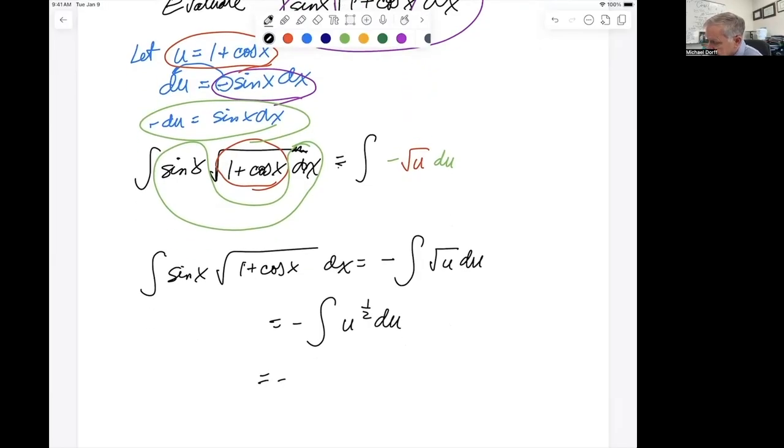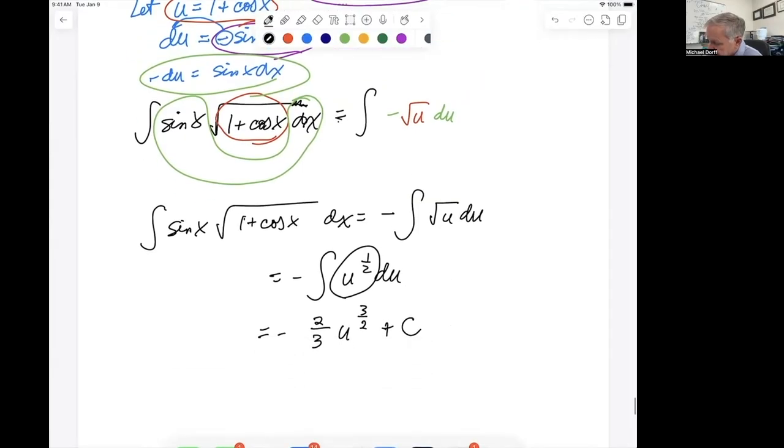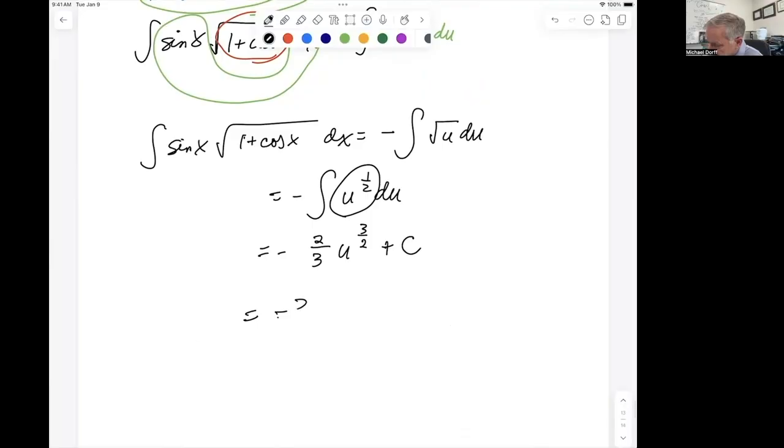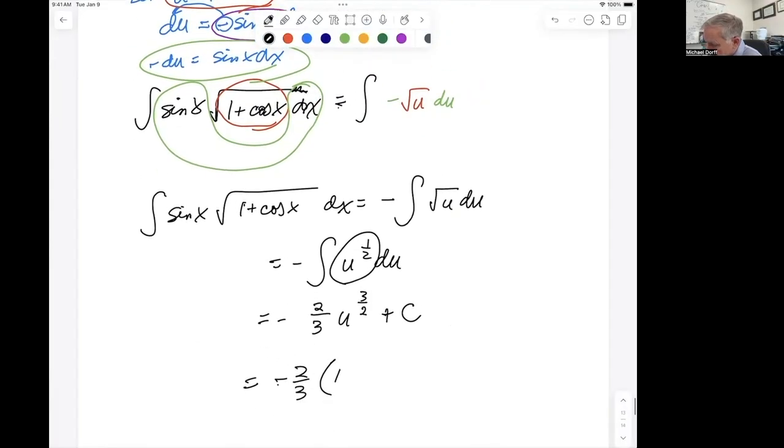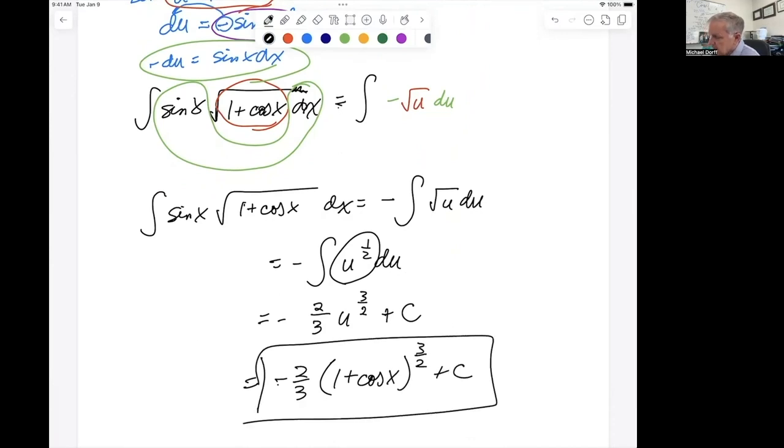The antiderivative of u to the 1/2 is u to the 3/2, and then I multiply by its reciprocal 2/3, and I add a plus c. And then the last thing I need to do is substitute back what I have for u. u was 1 plus cosine x. So I put that back in and get a plus c, and there's that.